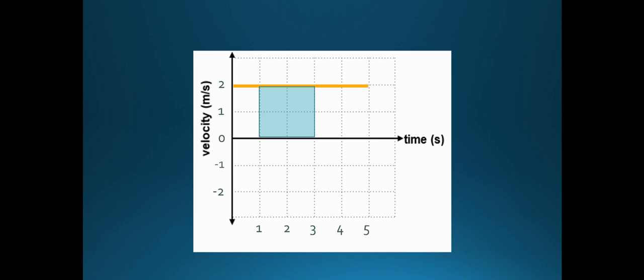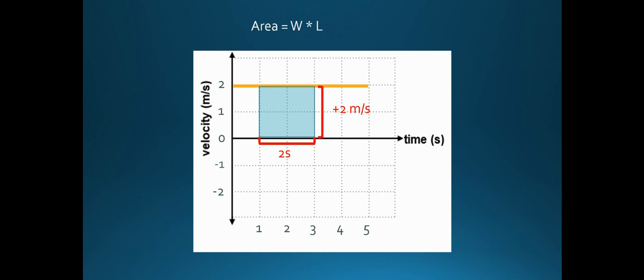Now, to find the area under this graph, it's a square, right? And so if we look at the bottom, it is showing us 2 seconds of time. And the side is showing us 2 meters per second. Now, to find the area of a square, you take the width times the length.